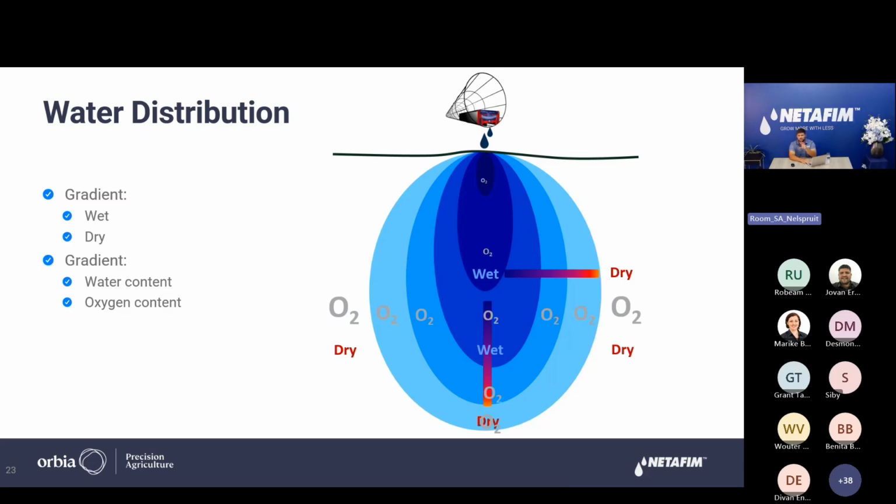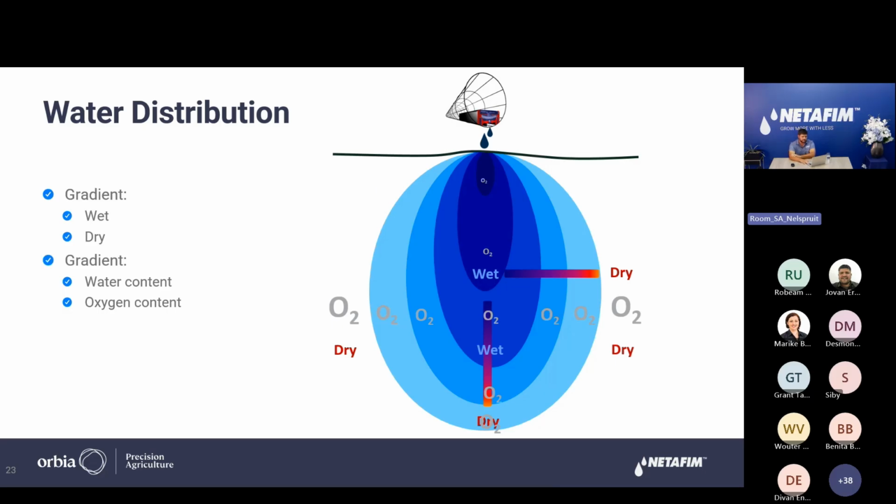This is also important to consider when you're making your scheduling decisions or your dripper spacing decisions: to understand this width and depth relationship in your specific soil, and understand that there's also a ratio while you're actively scheduling. Same ratio that I mentioned now. As your water content increases, your oxygen leaves your root zone. So there's always a ratio between oxygen and water in your root zone.